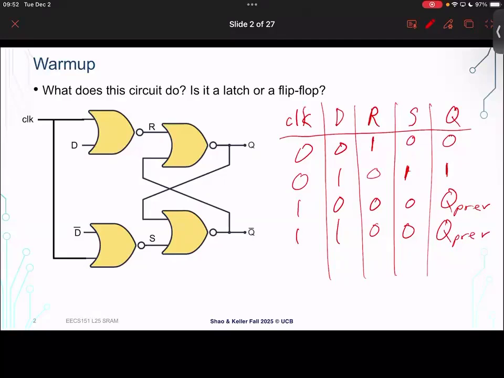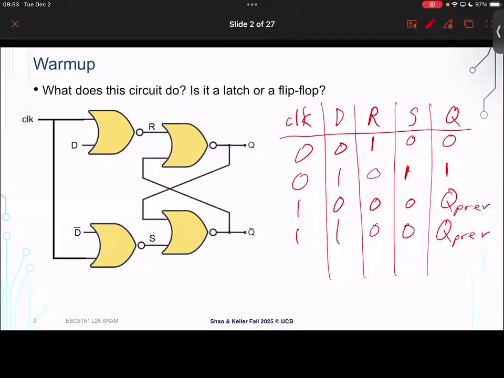It can be a little challenging to reason through it, I think. Mainly if you don't have intuition around these inverting gates, like what happens through a NOR gate. It might be helpful to draw out a little truth table of the NOR gate to remind yourself of the behavior there. But we looked at each case.